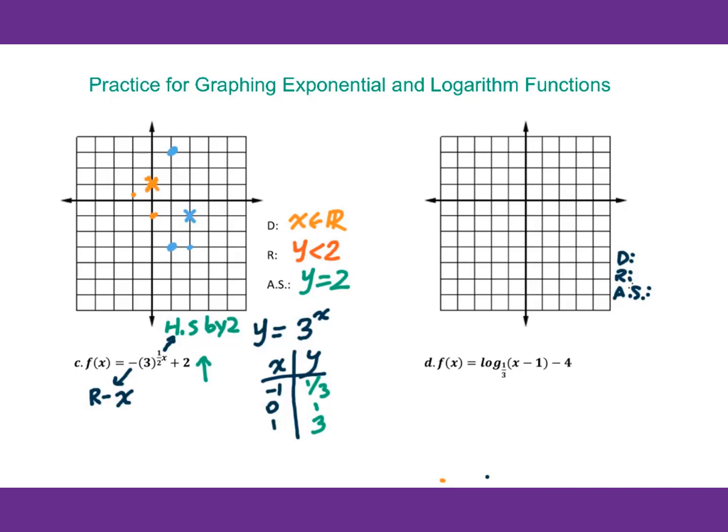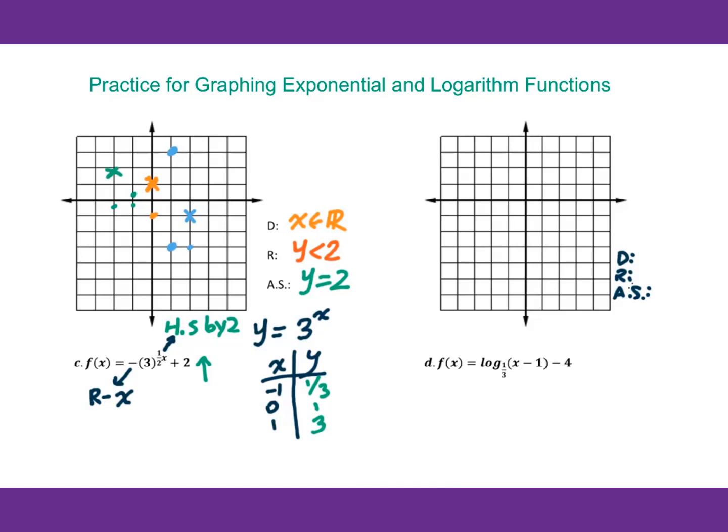That's this point. Now go to this point. Reflect across the x-axis, go here. Then horizontally stretch by a factor of 2. Your x coordinate is multiplied by 2. Then go up 2: 1, 2, they go here.